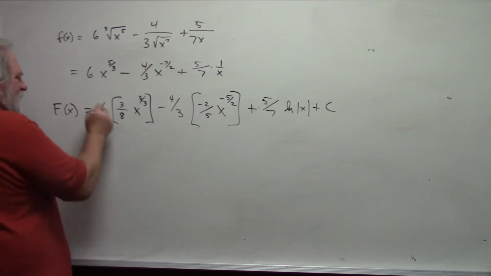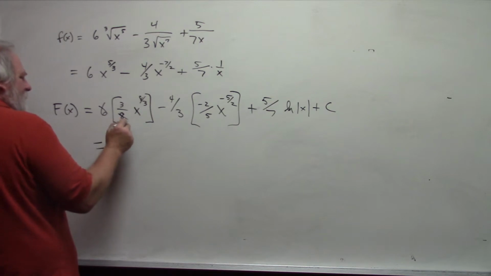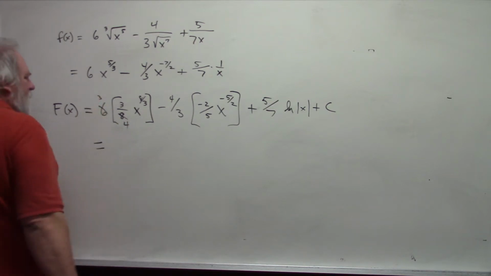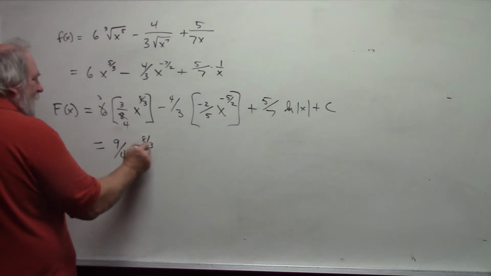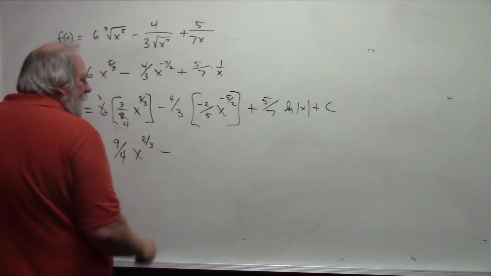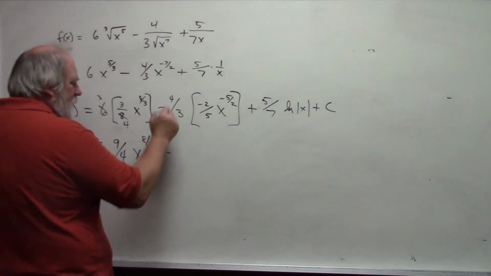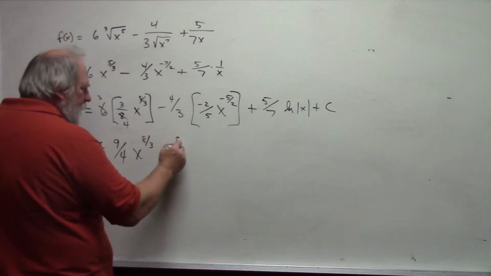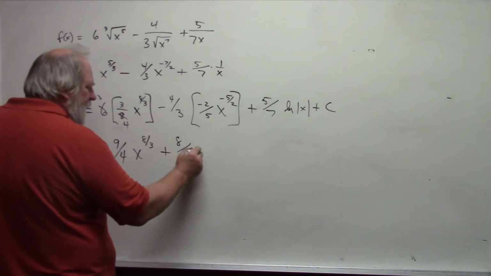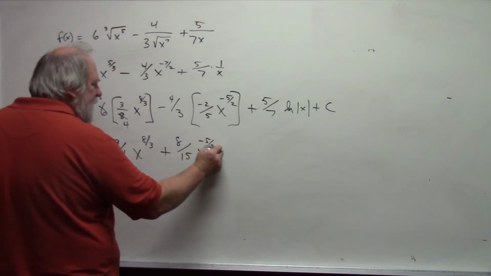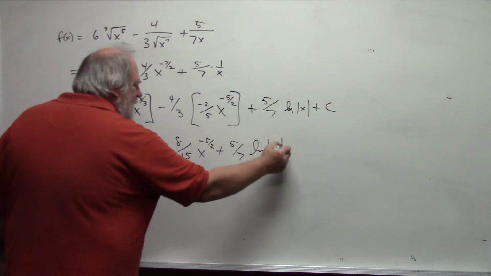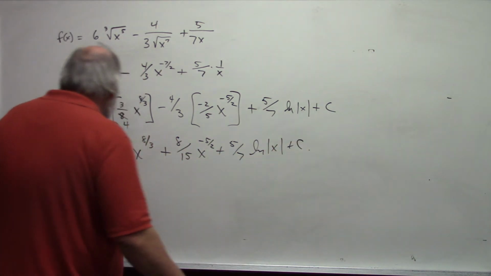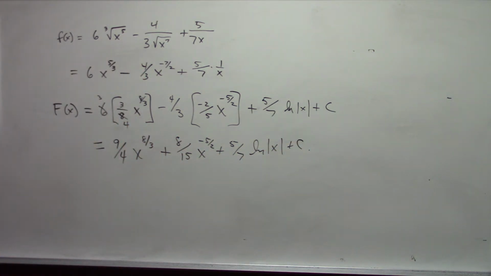And so then we can simplify this a little. 2 goes into 8 4 times, 6 3 times. I get 9 fourths, x to the 8 thirds, minus, should be plus here, 8 15ths, x to the negative 5 halves, plus 5 sevenths, natural log absolute value of x, plus c. That is my antiderivative in this case.